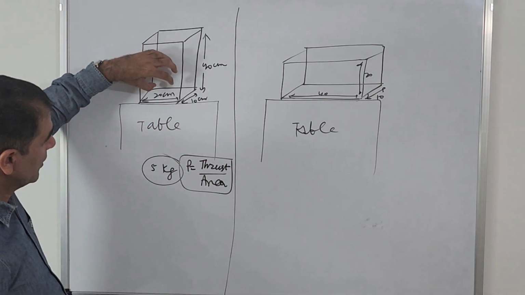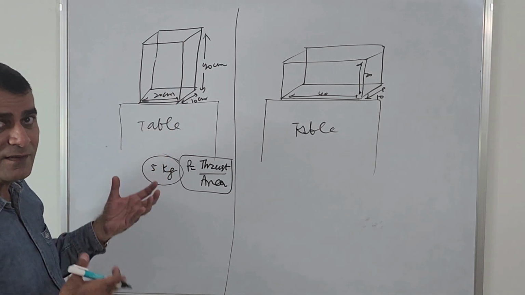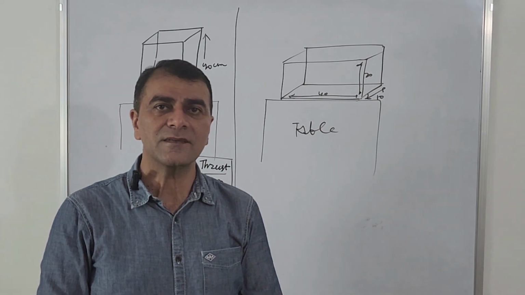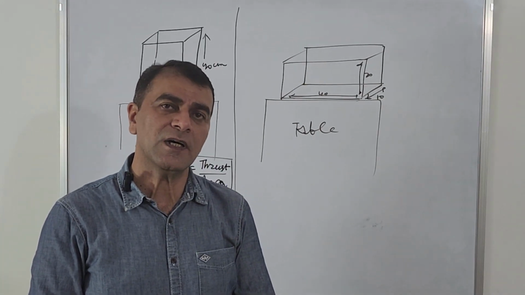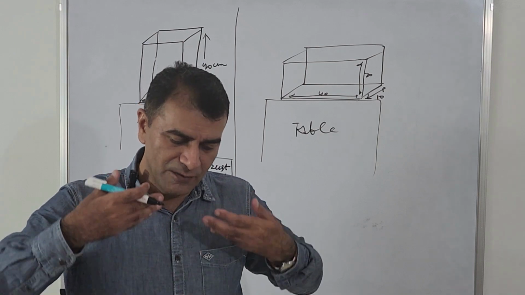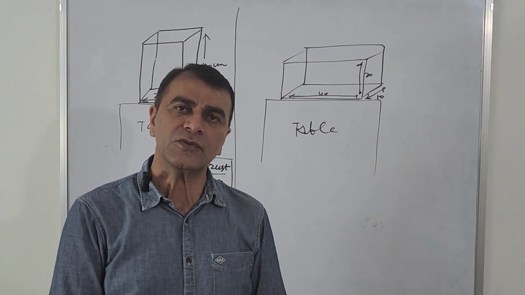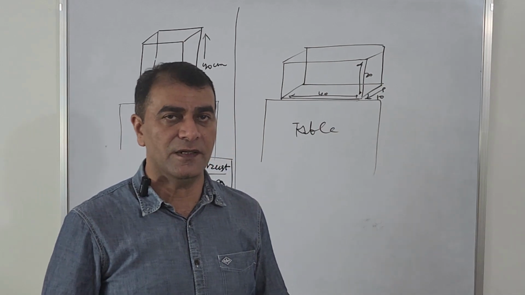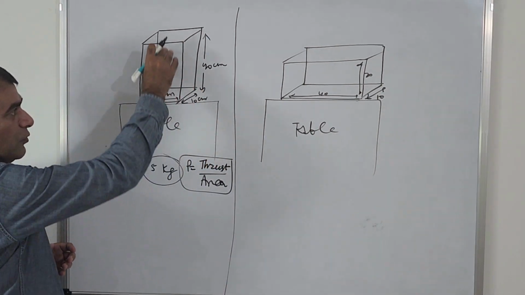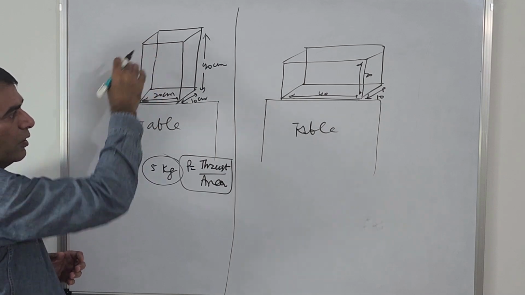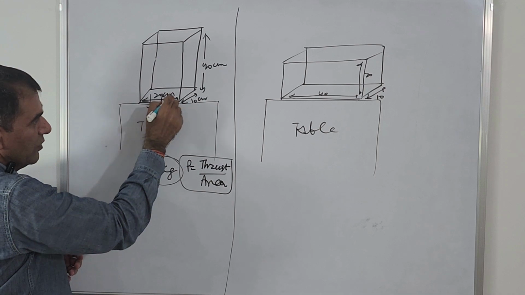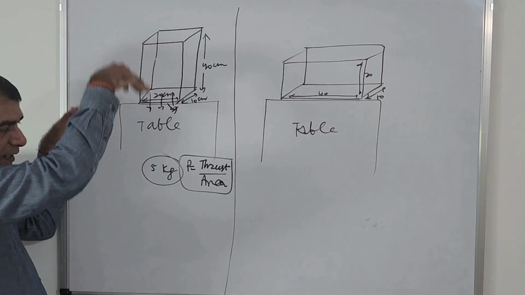What force is this body applying on this table? That is nothing but its weight. When we are standing like this, we are putting a force on the earth, and that is nothing but our weight, which is a perpendicular force on the earth. So the weight of this block is nothing but the force applied on the table in the perpendicular direction.